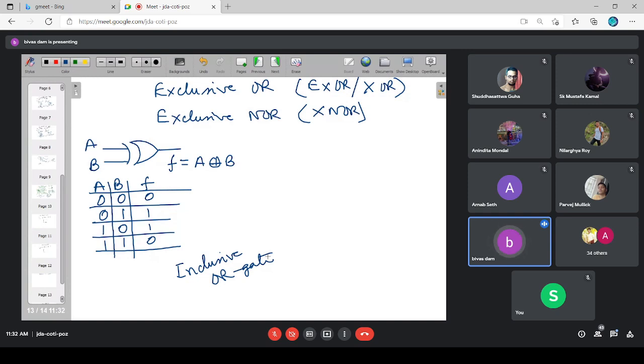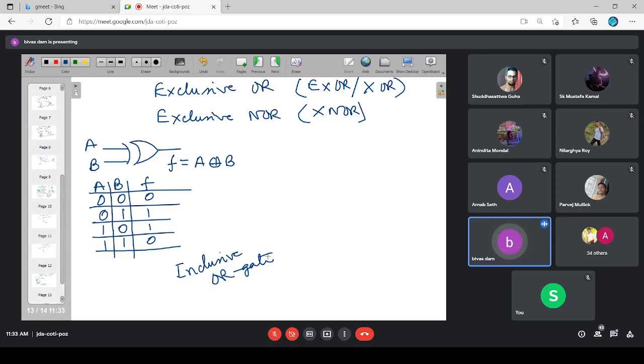Because there is no need for the inputs to be exclusively true for the output to become true. The output is true, including the situation where all the inputs are true. So the basic OR gate is also sometimes called inclusive OR gate. But that term is very rarely used. To distinguish, somebody sometimes may say that one is exclusive OR and the other one is inclusive OR.